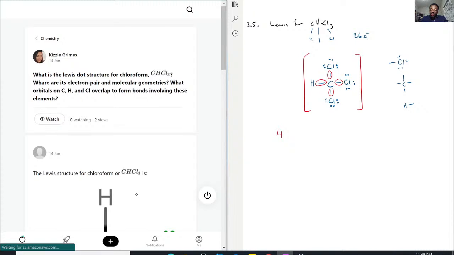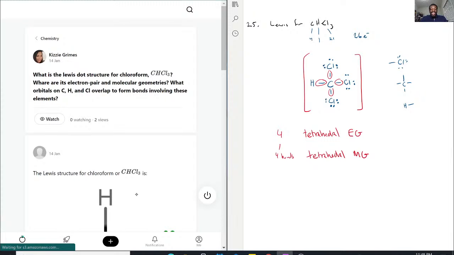This shape, for it to have 4 in total, is known as tetrahedral for its electron geometry. Because there's only 4 bonds, the shape is still known as tetrahedral for its molecular geometry even.